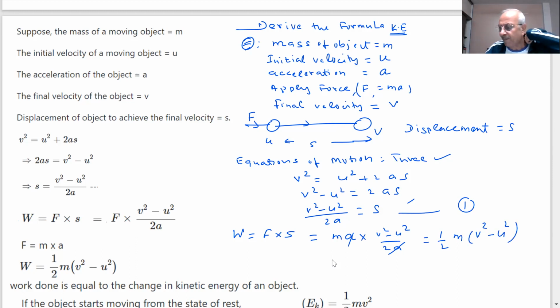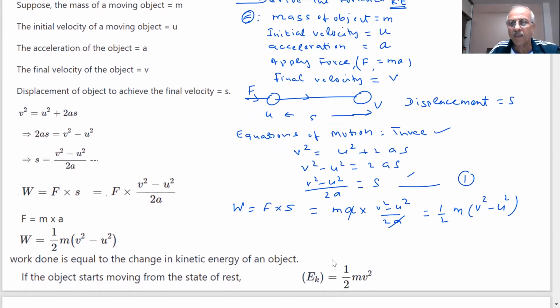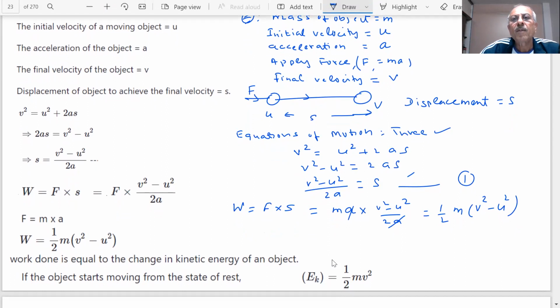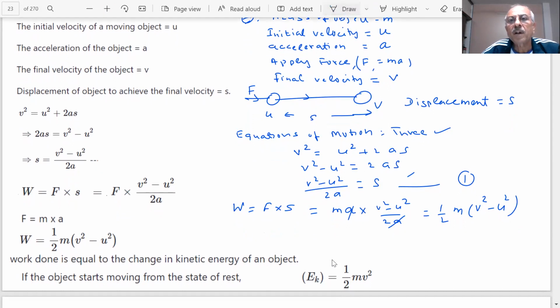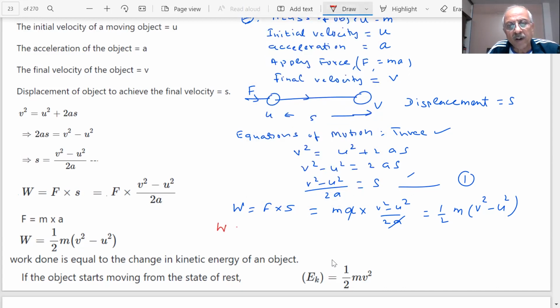Now, one thing is very important and interesting here, student. Very important. What we are saying, we are getting into a formula. Work done is equal to half mv square minus half mu square.